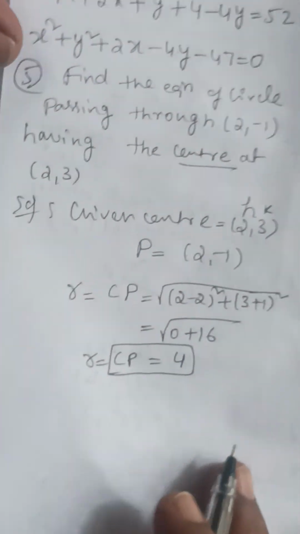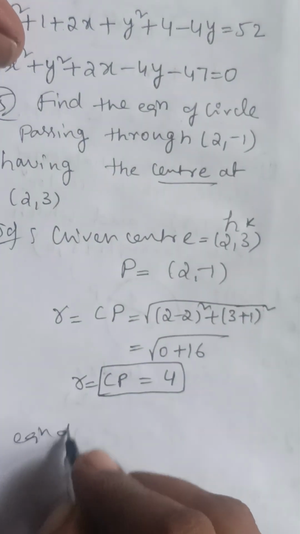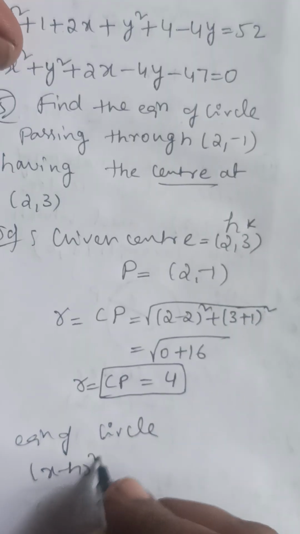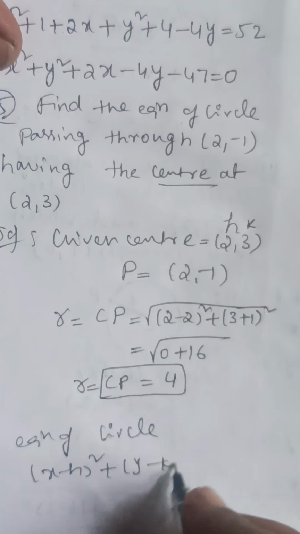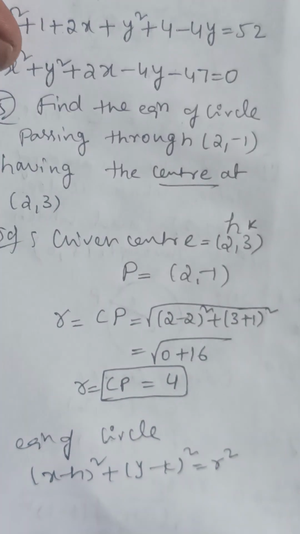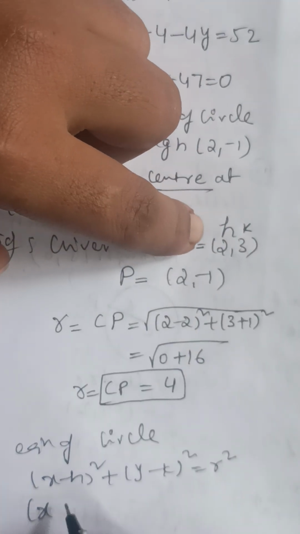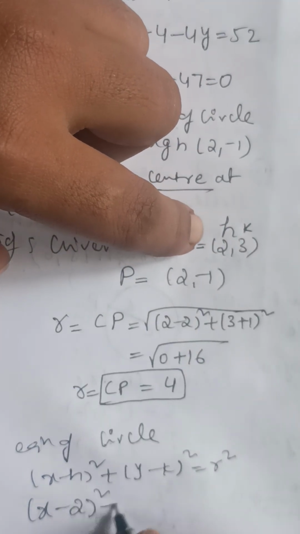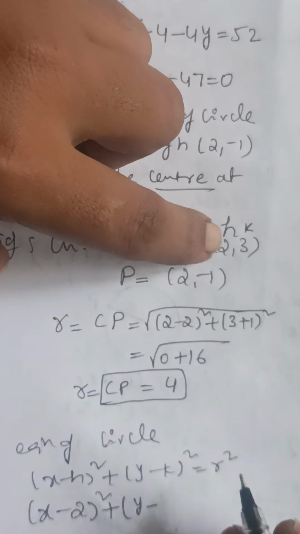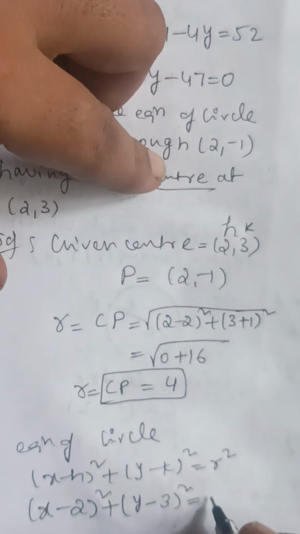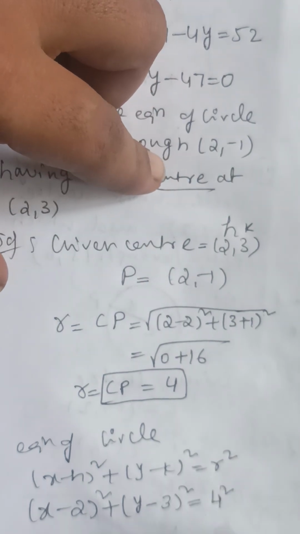Now the required equation of circle is x minus h whole square plus y minus k whole square equal to r square, and x minus h is plus 2 becomes minus 2 whole square, y minus k, so plus 3 becomes minus 3, and radius is 4, so 4 square is 16.